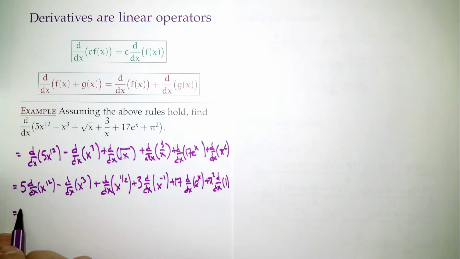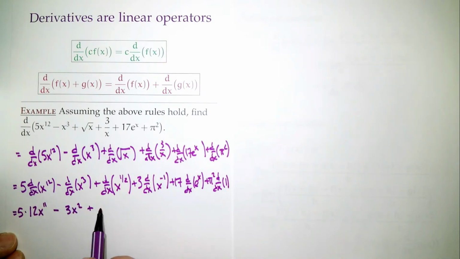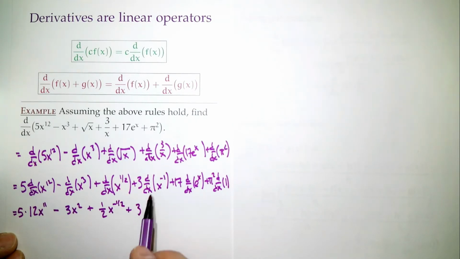All right, derivative of x to the 12th: 12x to the 11th. Derivative of x cubed: 3x squared. Derivative of x to the 1/2. We talked about that earlier. All right, 1/2 x to the negative 1/2. Okay. Derivative of x to the negative 1: negative 1.